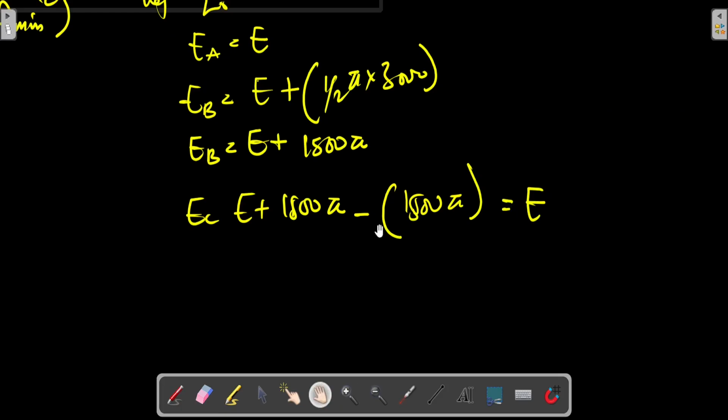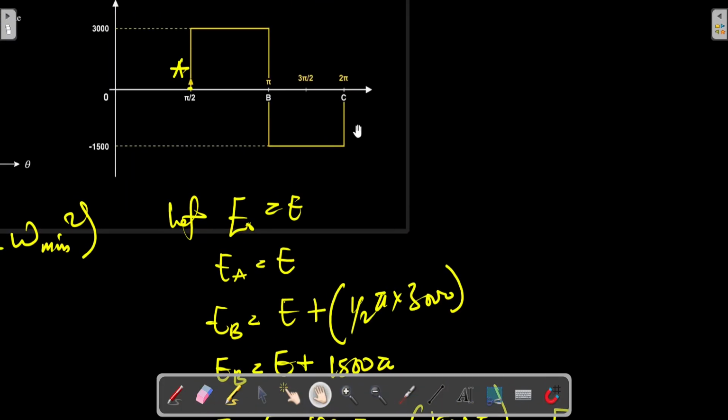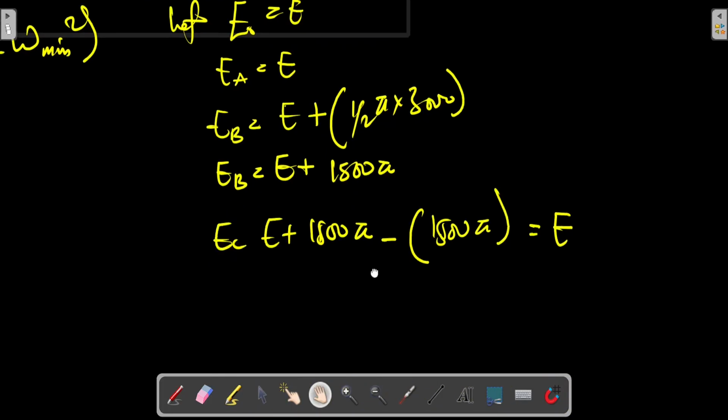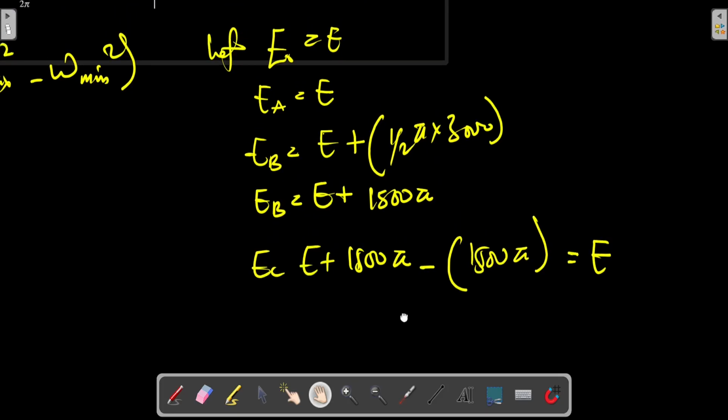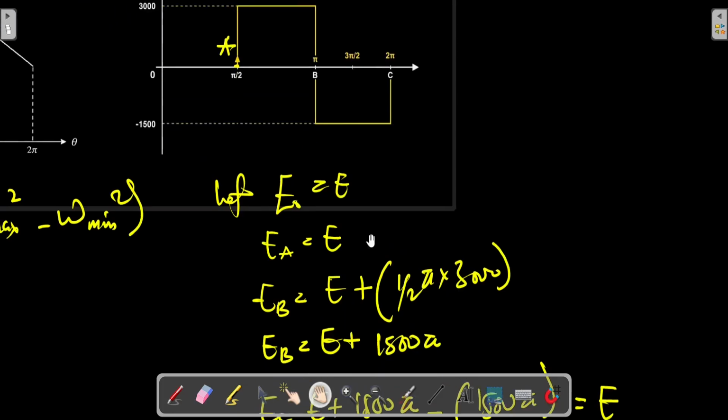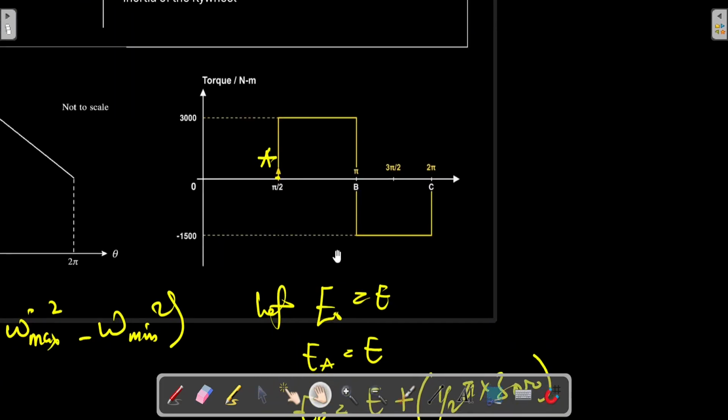As I've already told you, the energy here is the same as the energy at the beginning because we've ended the cycle, and this turning moment diagram is for just a single cycle. Note that. Mind you, you don't even have to calculate all the energies.